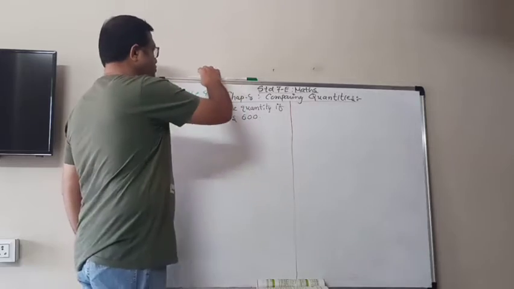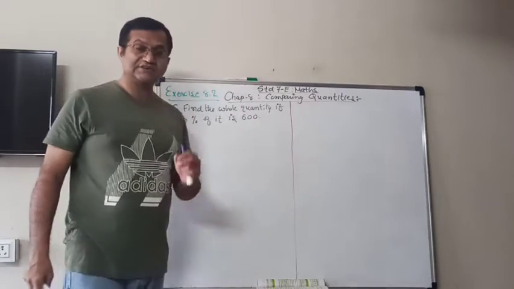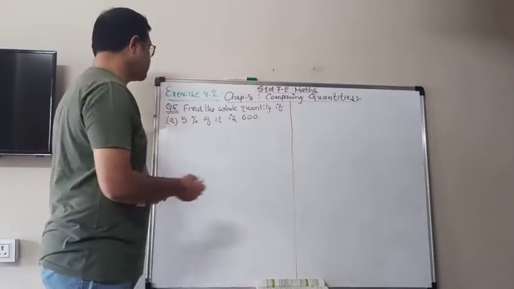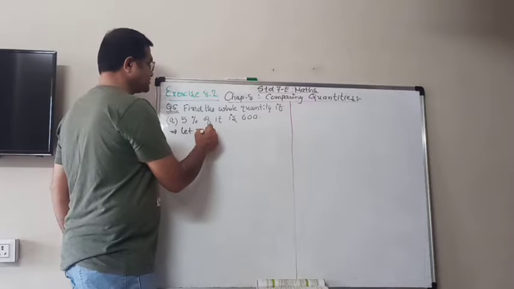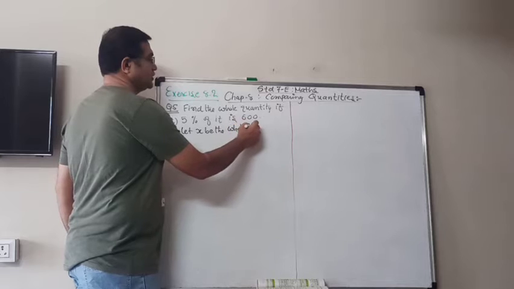So if 5% of a particular quantity is 600, we have to find the whole quantity. So let X be the whole quantity.